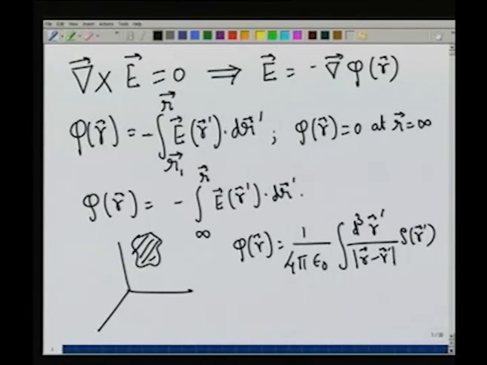There may be no spherical symmetry, it might be behaving in a very complicated fashion as a function of r. It may not be representable as a simple function of r. Then it is much better to determine the potential first and then determine the field, because determination of the potential requires only determination of one scalar field, whereas the determination of the electric field requires the determination of three fields.